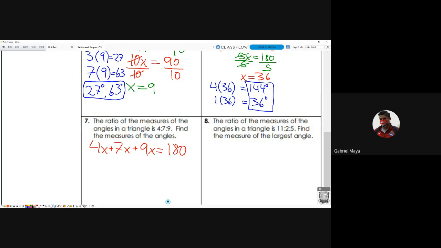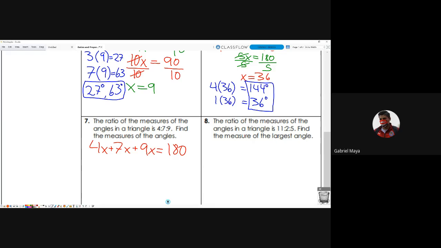So now what? Well, we can simplify this. So 4x plus 7x plus 9x equals 180. We add all the x's together. So what do you get? 20.